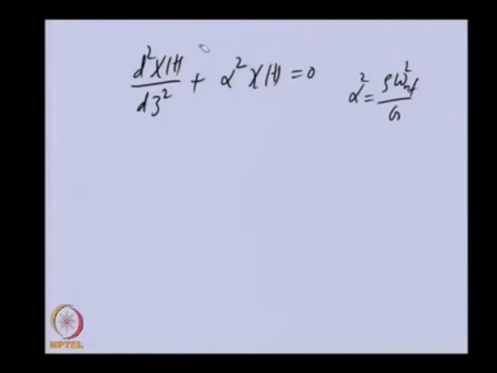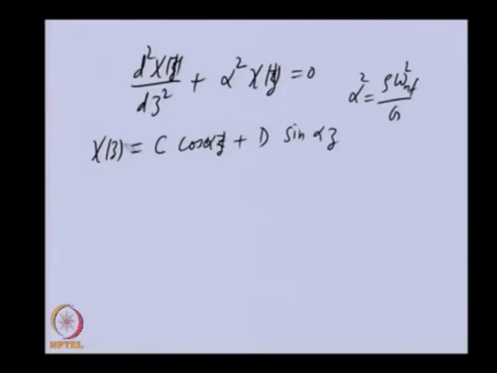Now this particular differential equation, which is now an ordinary differential equation, we can have the solution of this. Sorry, this is only a function of z, not a function of time. So the solution of this will be of this form: C cos alpha z plus D sin alpha z.